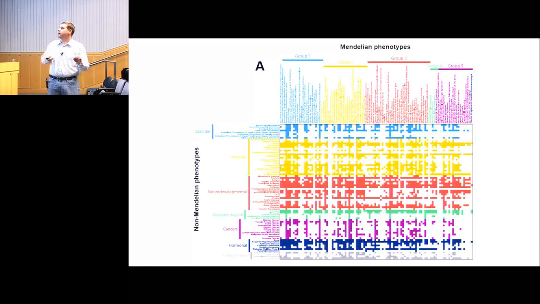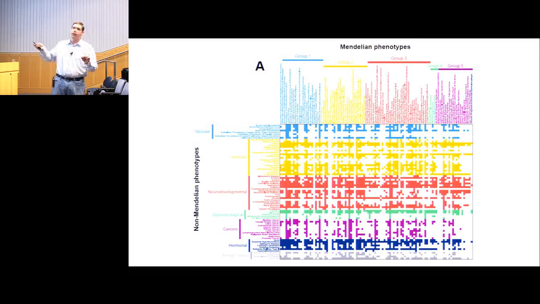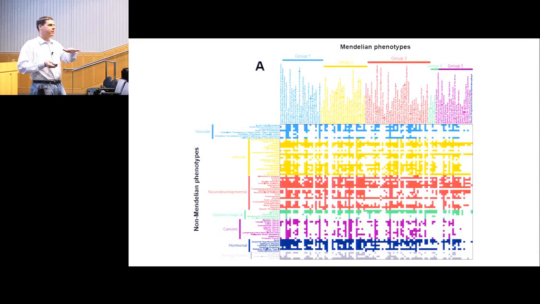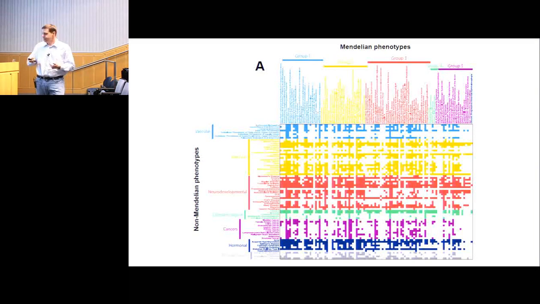By applying that concept, we were able to put together what we've been calling a Mendelian code for complex disease. That is, each and every complex disease has a series of Mendelian diseases that are comorbid with it to a significant level. So if someone is diagnosed with a Mendelian disease, then they're more likely to be diagnosed with some corresponding complex disease.